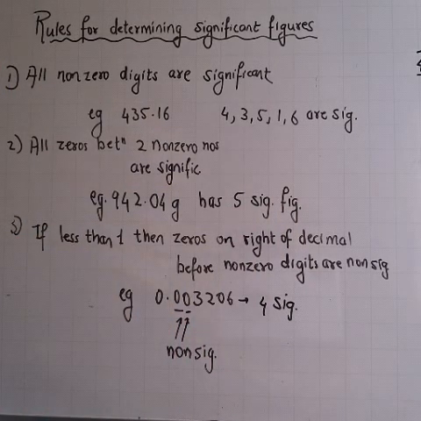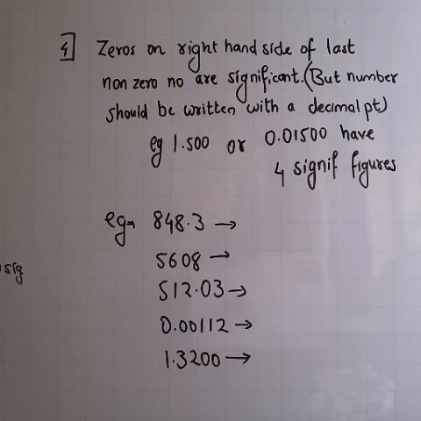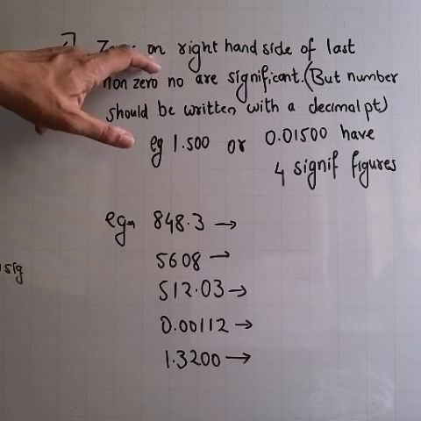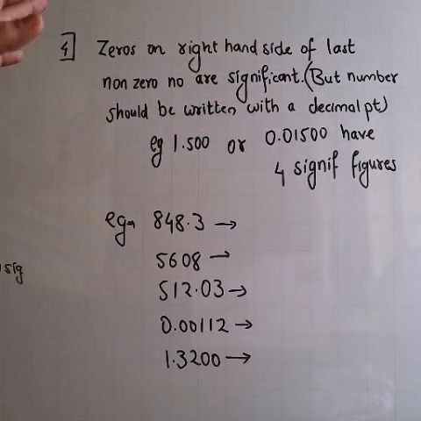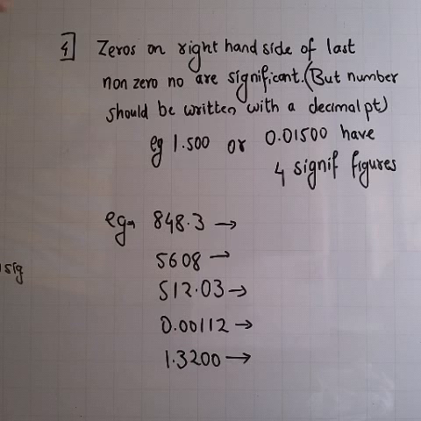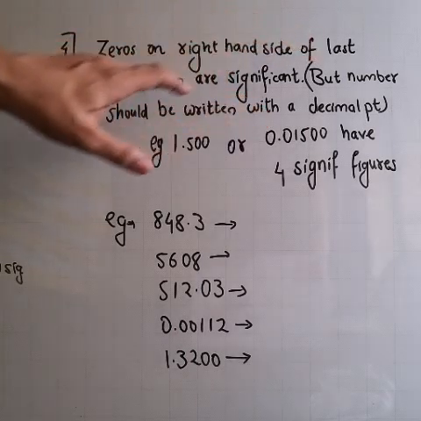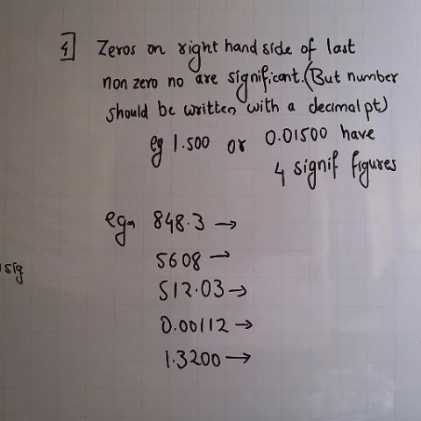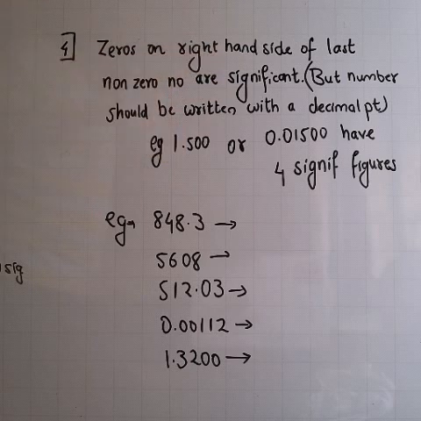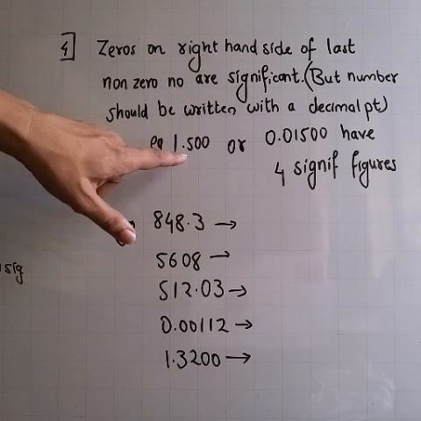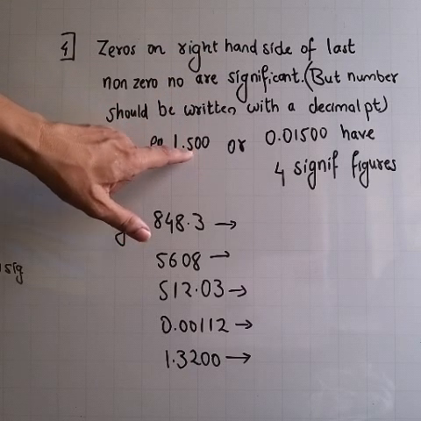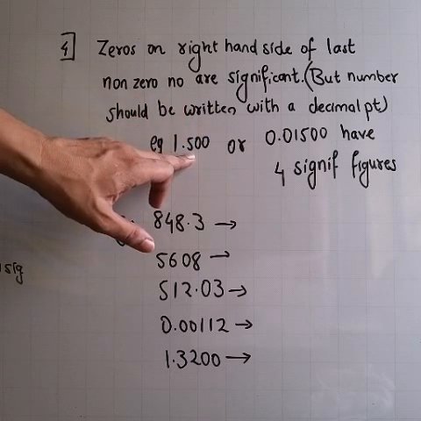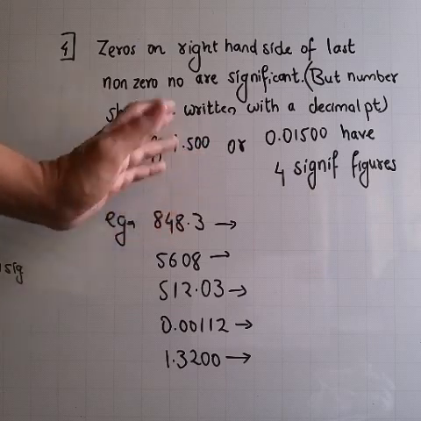Now, zeros on the right hand side of the last non-zero number are taken as significant, and they should be written with a decimal point. Like 1.5, where 5 is after the decimal. 5 is a non-zero number, and these two zeros are coming to the right of it.